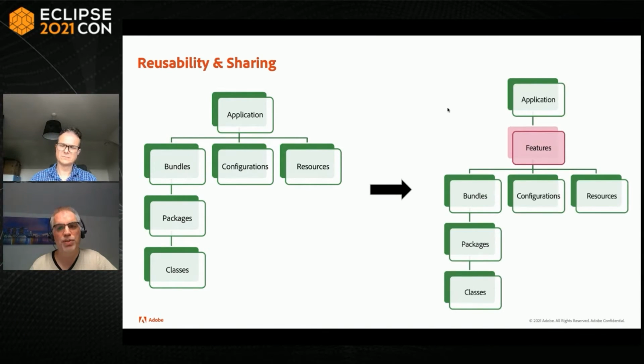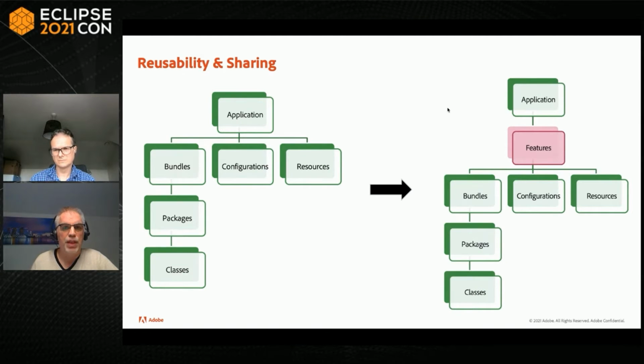Now, with features, you can assemble your whole application out of features, which allow you higher level building blocks. And a feature itself consists of bundles, configurations, and all that stuff. And with features, you then have these higher building blocks.